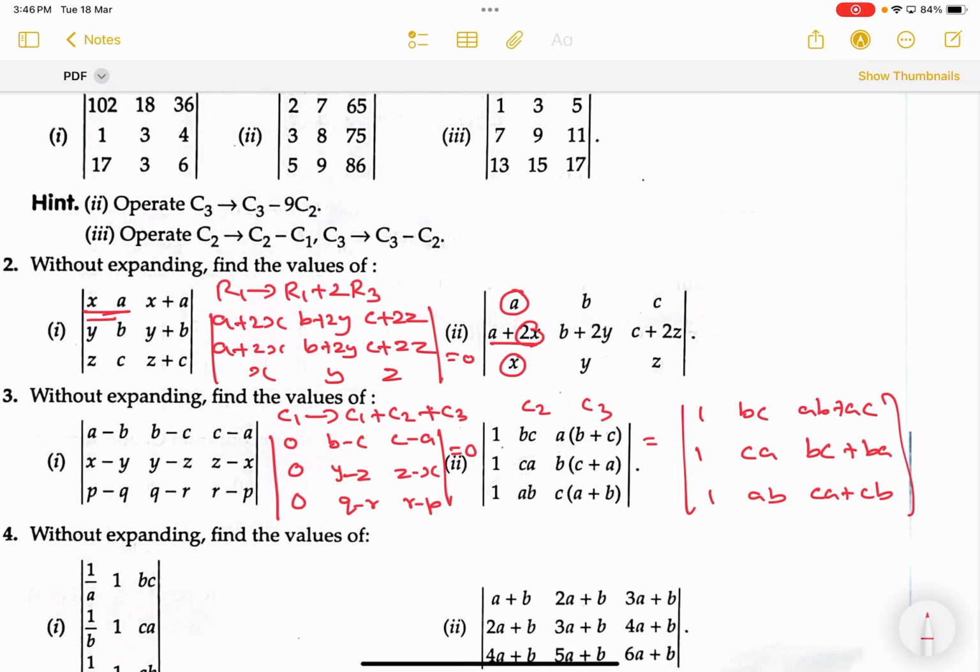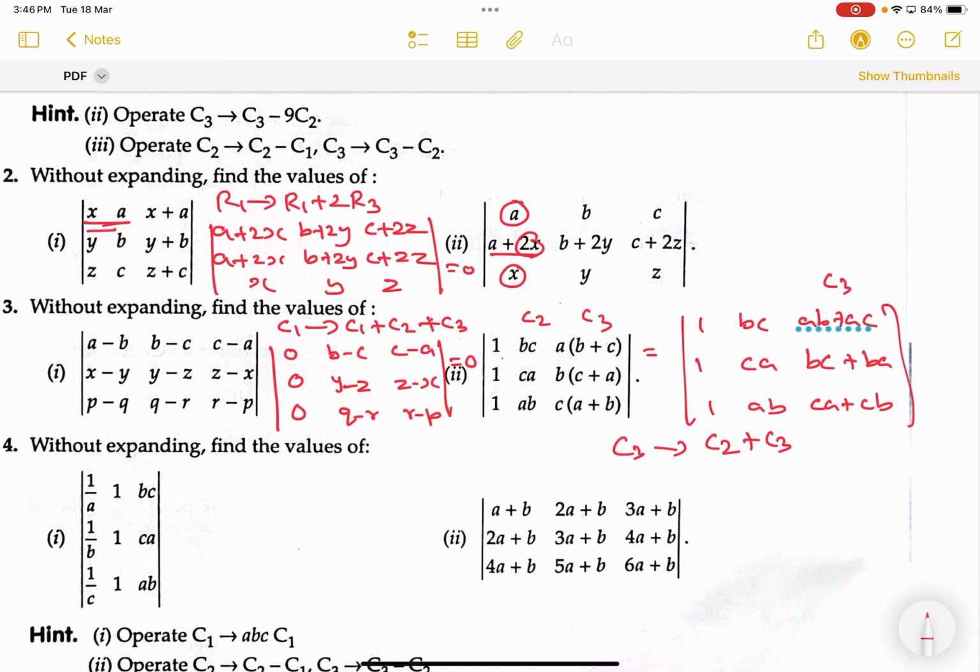Okay, this is what they have given. Now add everything. Column 3 you are replacing with C2 plus C3. What will you get? 1, BC, AB plus BC plus CA. Everywhere you are getting that only: AB plus BC plus CA.